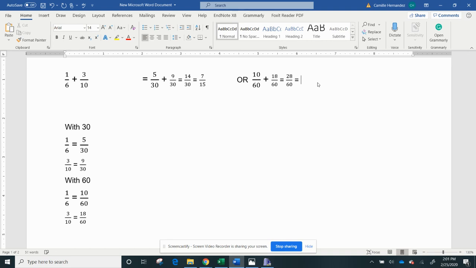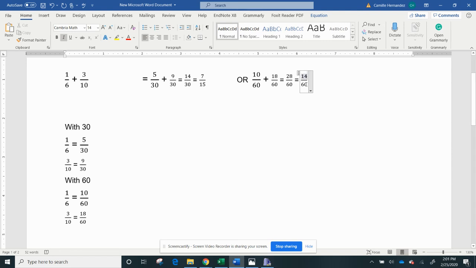Sometimes my math lab wants it reduced, and maybe your professor does too. So I could take my time and divide and try to find what goes into this. And you could do that. All right, so let's do this. I know that 2 will go into both of these. So 28 divided by 2 is 14.